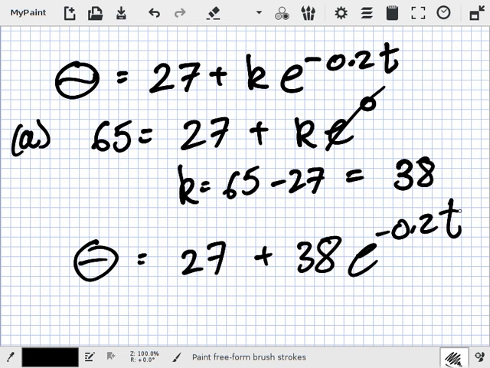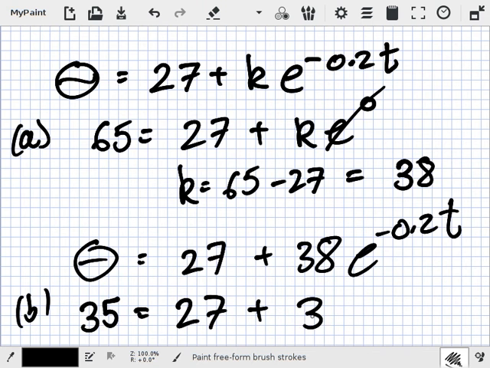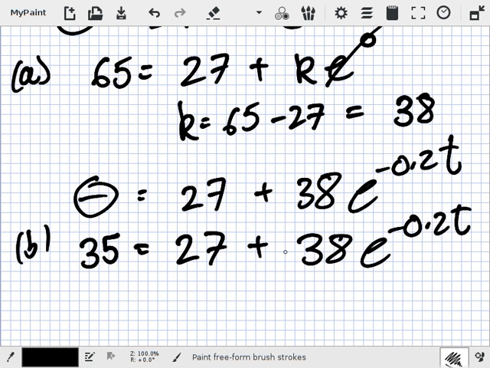How long until the temperature reaches 35? So that's part B now. We want to figure out the time until the temperature is 35. So 35 equals 27 plus 38 e to the minus 0.2 t. We're just looking to solve for t here. Take this over to the left.